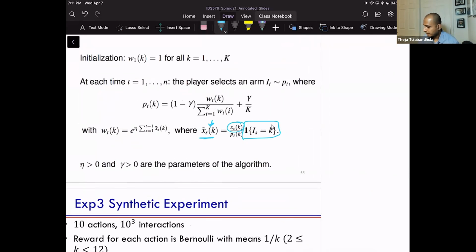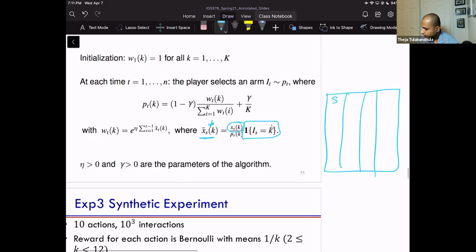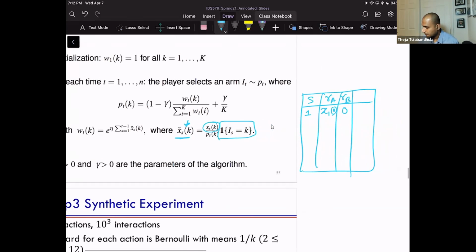Let me put a simple example here: reward for action A, reward for action B. Let's say we only have 2 actions. At s equal to 1, maybe I played action A, which means I would potentially get some reward for action A, let's say x1 of A. Action B, I did not even play, so I'll get 0.